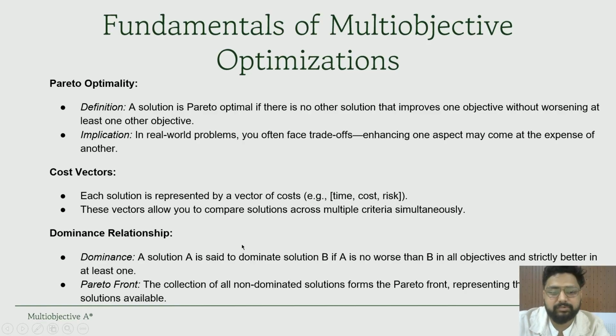The dominance relationship: solution A dominates B if A is no worse than B in all objectives and strictly better in at least one. These are all scenarios where AI is used in multi-objective optimization, which Divyanshu is going to tell you about.